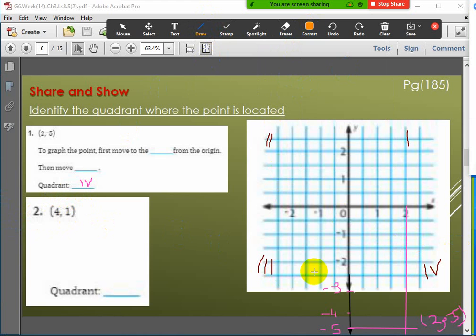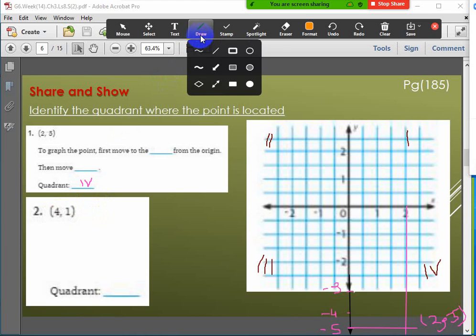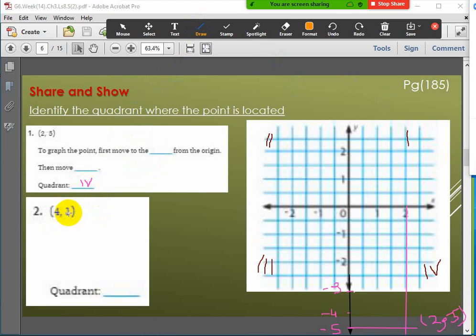Very good, Farah. Why? Because the x is 4 and the y is 1. Okay, I think you closed the mic. That means the x is positive.